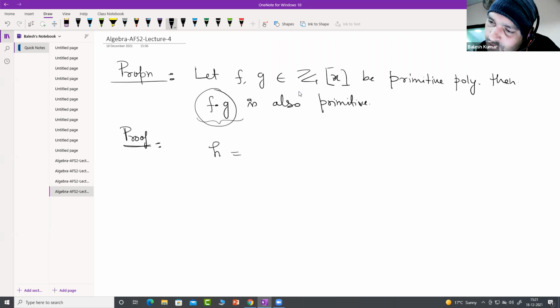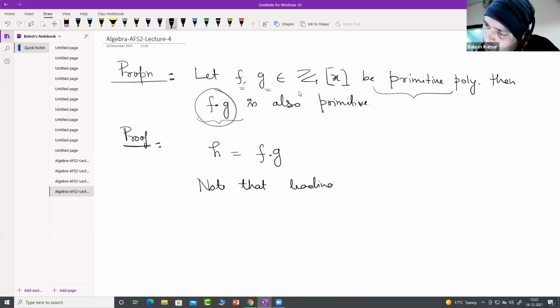If we write h as the notation for f times g, then the leading coefficient will be positive. That is obvious, because the leading coefficients of f and g are positive, being primitive. So we can trivially note that the leading coefficient of h is positive.